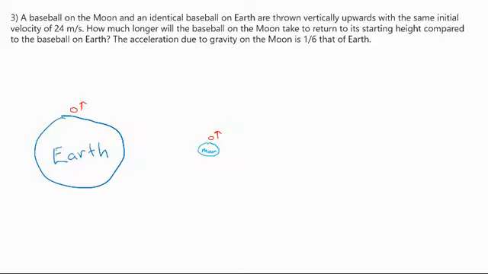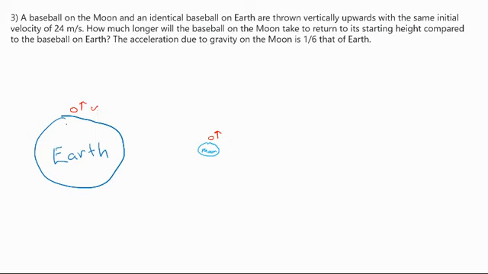Okay. And it says they have the same initial velocity. So my initial velocity here is 24 meters per second. Over here it's 24.